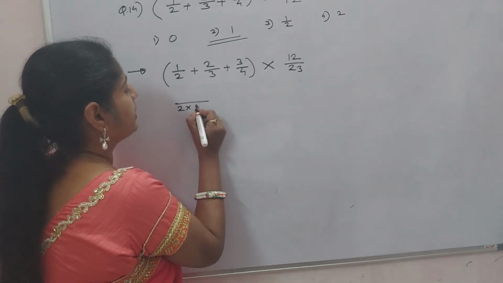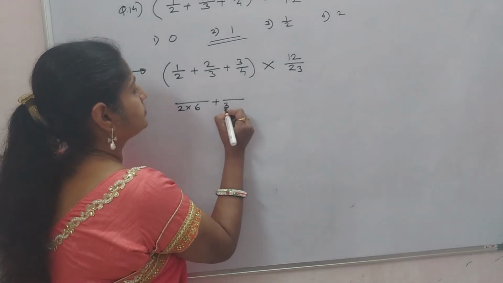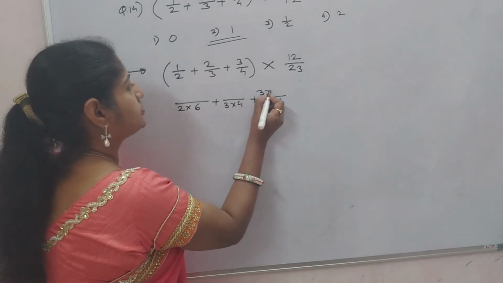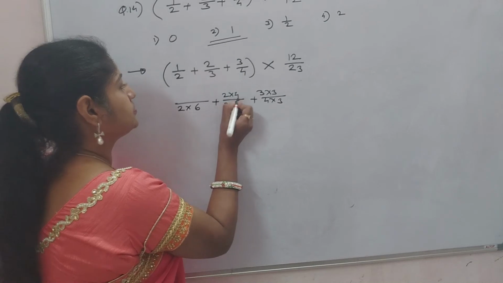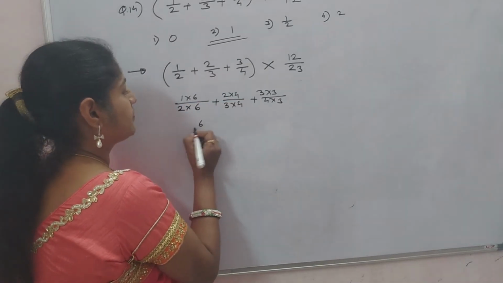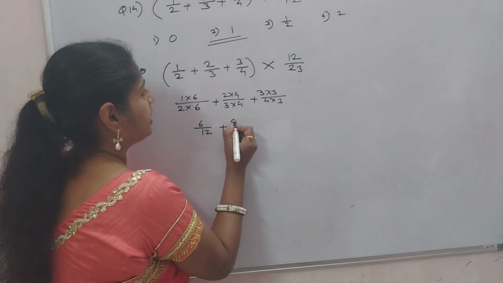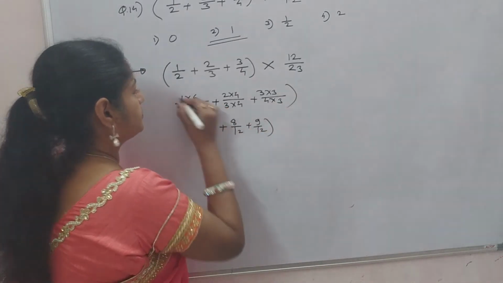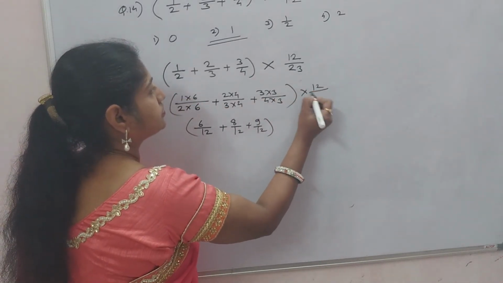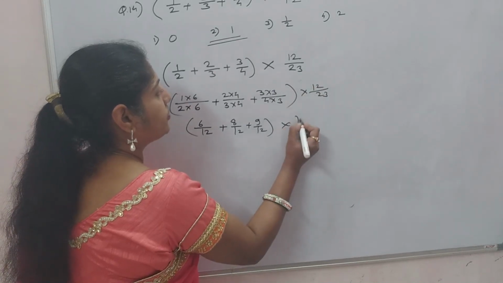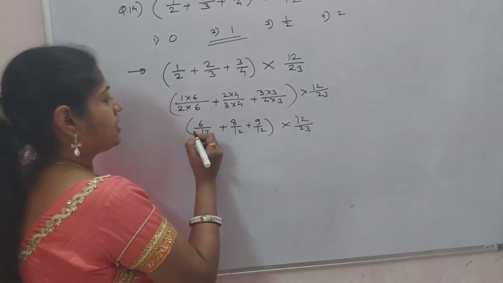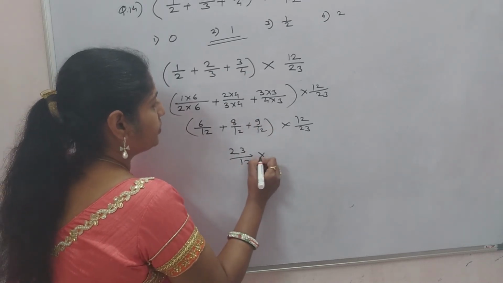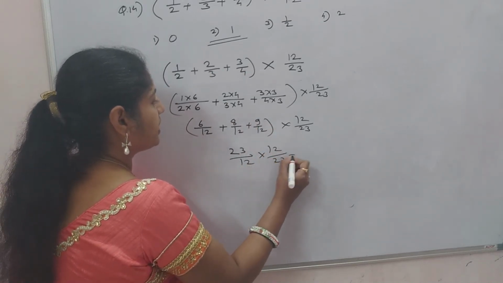Make the denominator 12: 6 upon 12, 8 upon 12 and 9 upon 12. Next, multiplication by 12 upon 23. Addition is 23 upon 12 into 12 upon 23. The answer is 1.